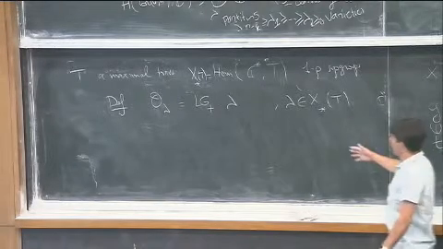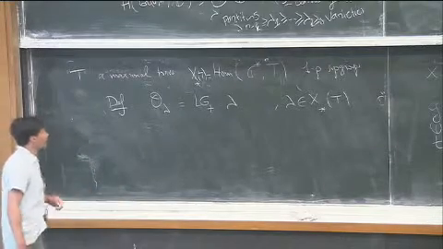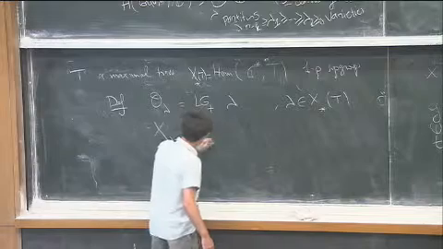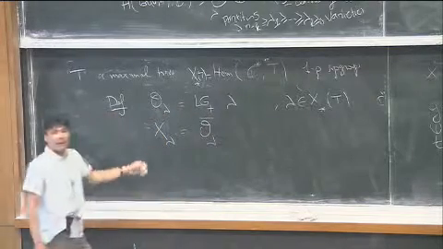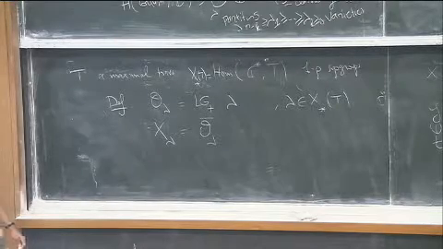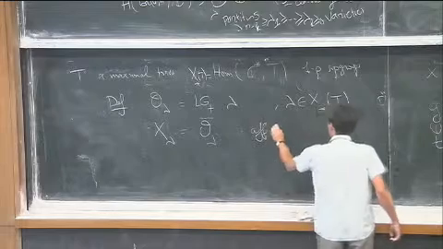So it turns out that the affine Grassmannian is infinite dimensional, but this orbit is finite dimensional, and the Schubert variety corresponding to lambda is the closure of this orbit. Okay, so this is the affine Schubert variety.